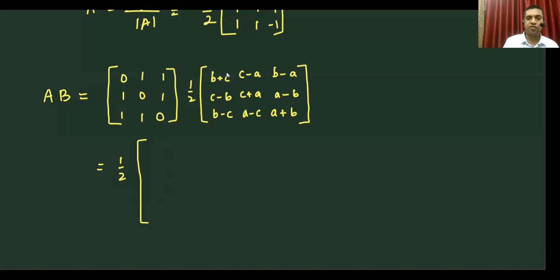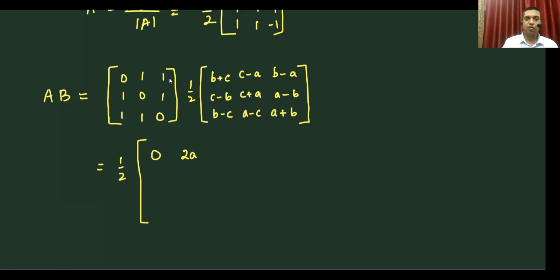So it is 0 times the first element here, then the addition of these two. So C minus B plus B minus C will give you 0. Then next, 0, 1, 1 multiplied by the second column. This is 0. And then C plus A plus A minus C. That will give us 2A.